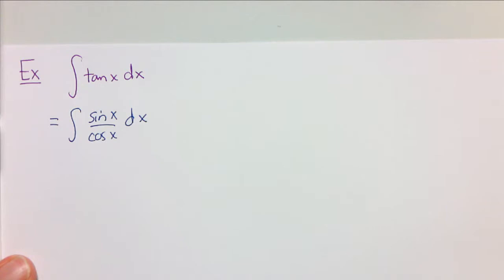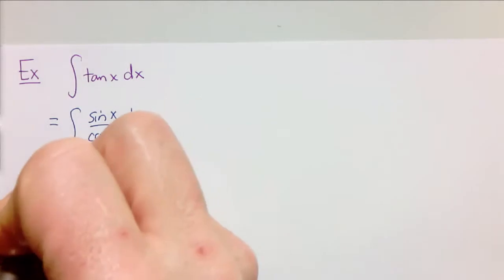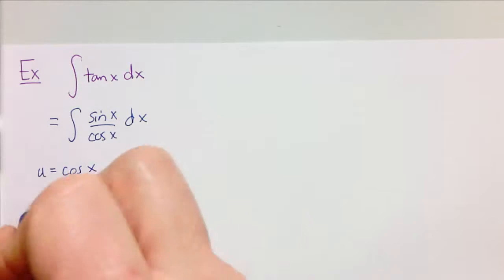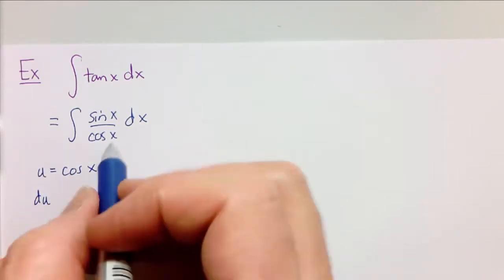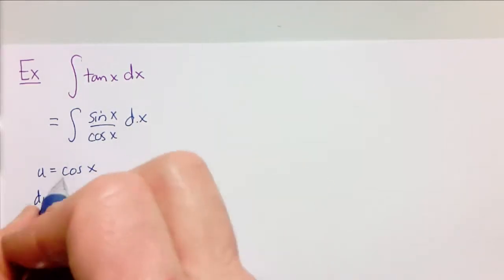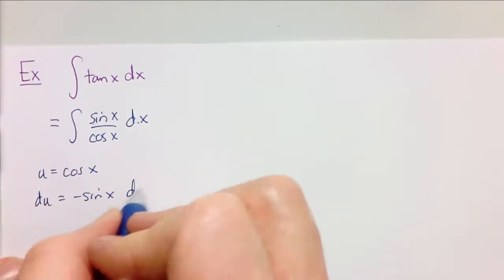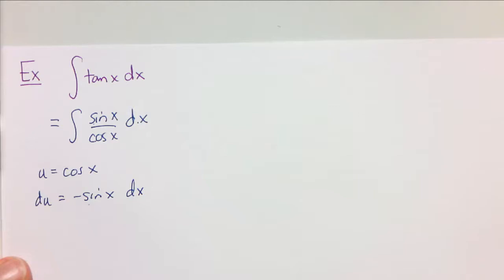All right. When you're thinking about what can you substitute, what can you call u, all right? Well, I'm going to take u equals cosine x, because I also see the derivative of cosine in my problem. Right? The derivative of cosine is minus sine of x dx. So we calculate the differential.